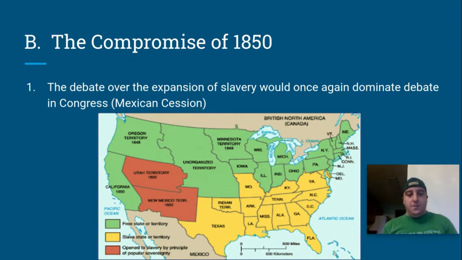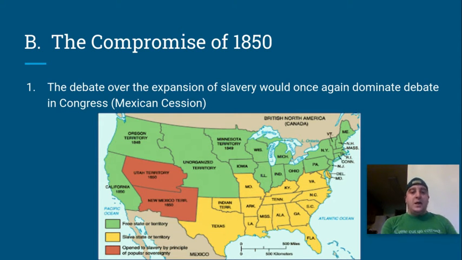And also, admitting California into the Union as a free state is going to throw off that balance to where there are going to be 16 free states and 15 slave states. So at this point in the Senate, the South is going to be overruled every single time, and that's something that they can't have.